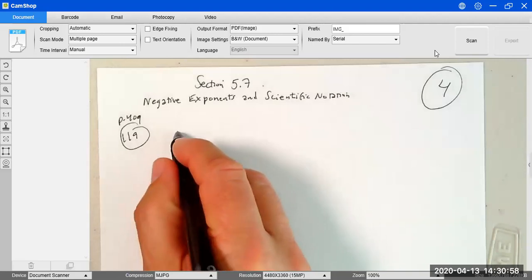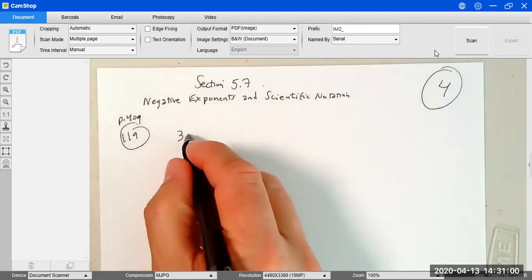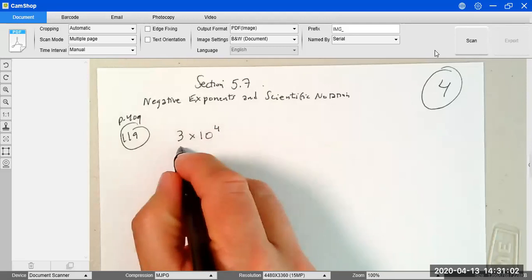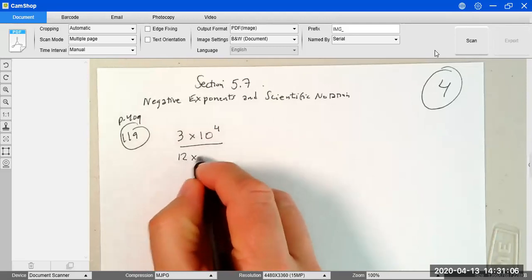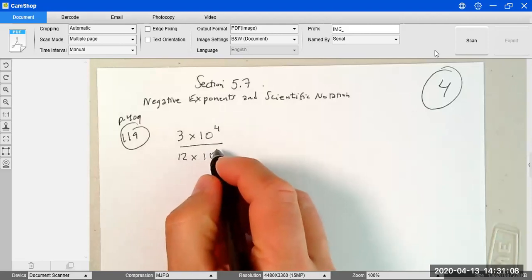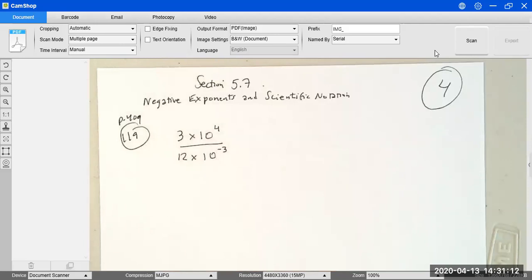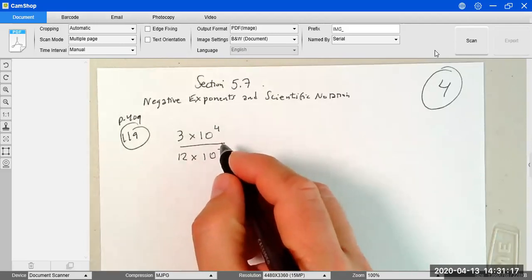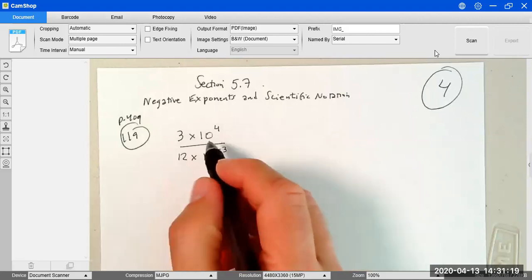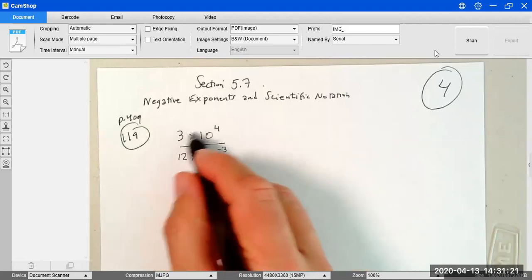So I have 3 times 10 to the 4 over 12 times 10 to the negative 3. So these are two numbers written in scientific notation. Actually, just the first one, the numerator, is written in scientific notation.